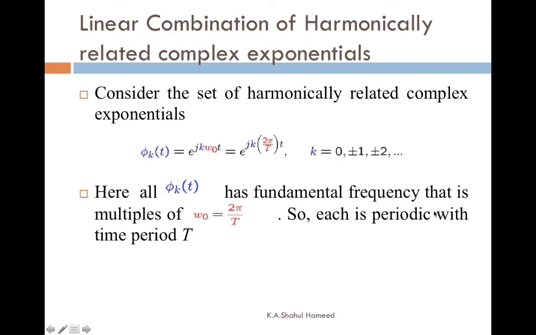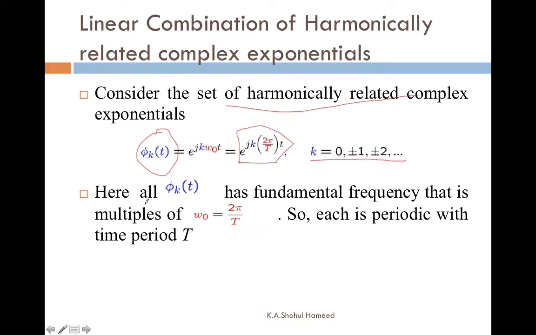Okay. Now we are going to consider the set of harmonically related complex exponentials. I'm going to call it phi k of t, which is equal to e power j k omega naught t. Substituting omega naught equal to 2 pi by T in this equation, I get e power j k 2 pi by capital T into small t, and here k is equal to 0, plus or minus 1, plus or minus 2, and the series will go up to plus or minus infinity.